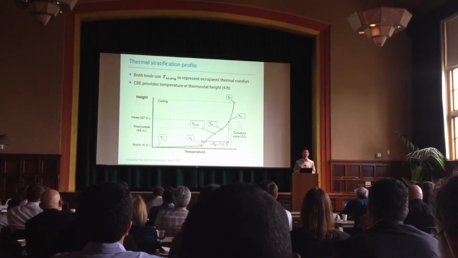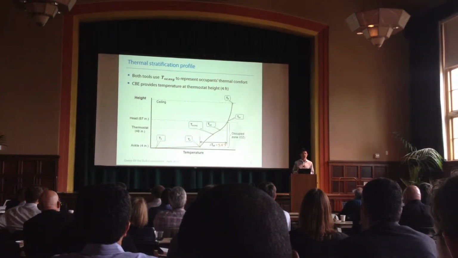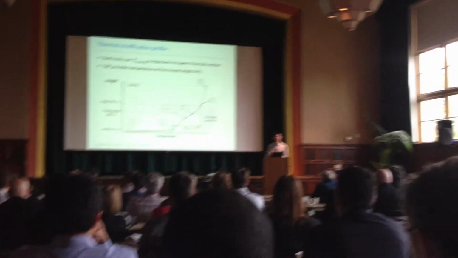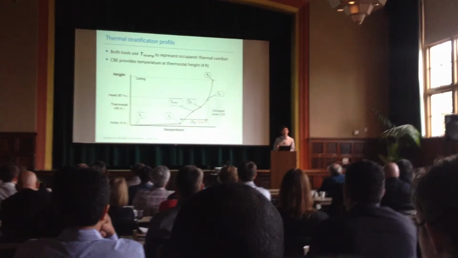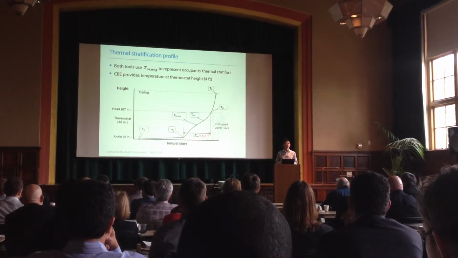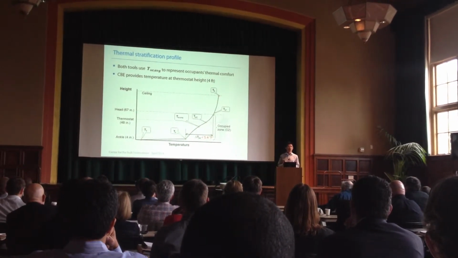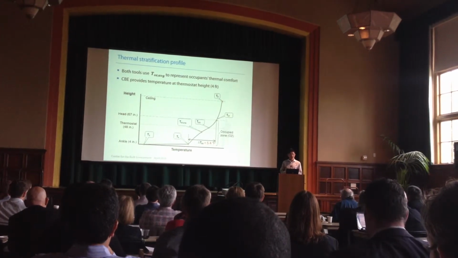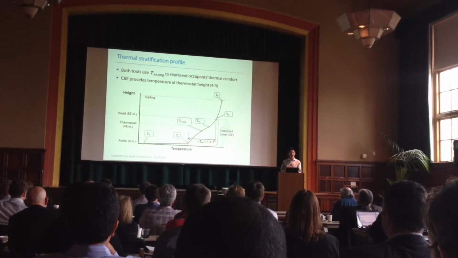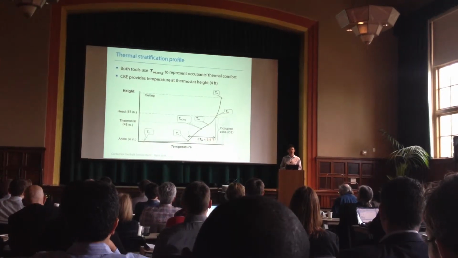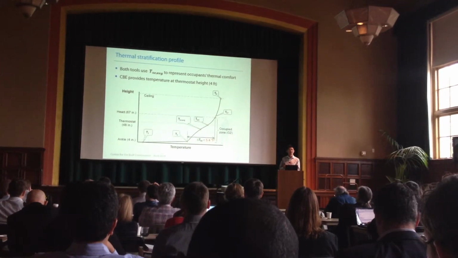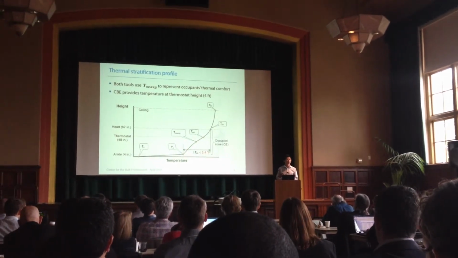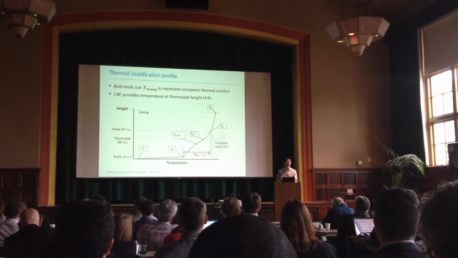Both tools use the average temperature to represent occupants' thermal comfort, but the CBE tool provides the temperature at the thermostat height level so that users know how to set the thermostat. Also, ASHRAE Standard 55 requires that the temperature difference between your head and ankle level should be less than 5.4 Fahrenheit degrees.